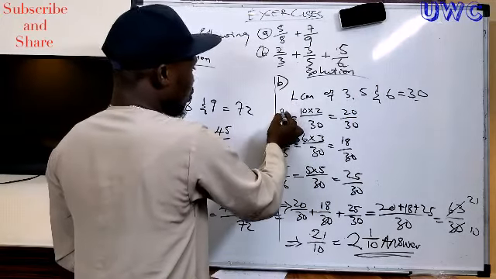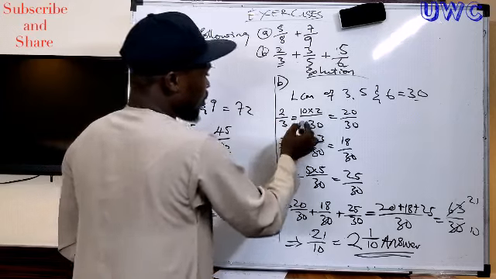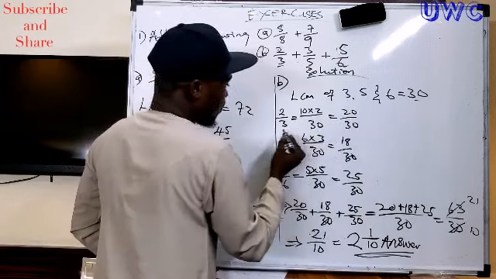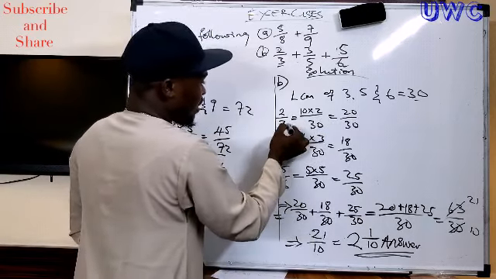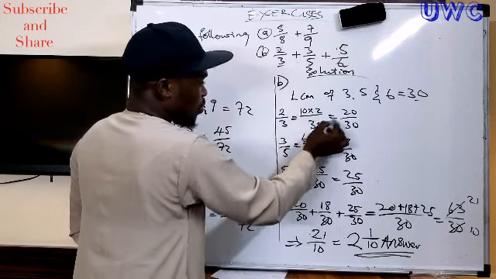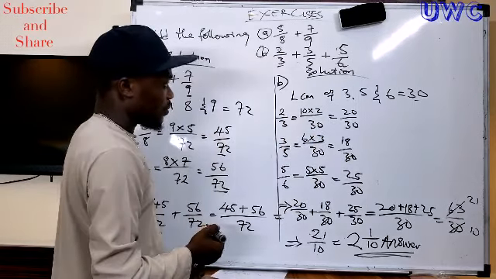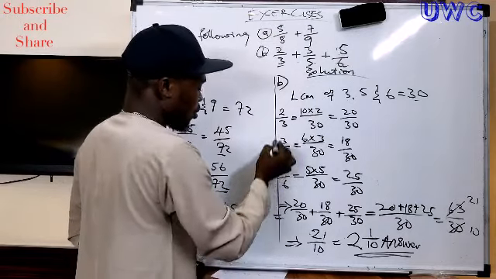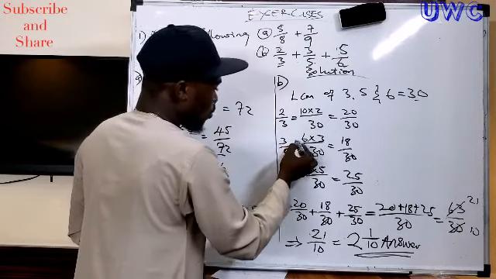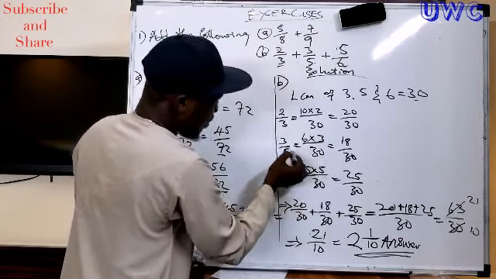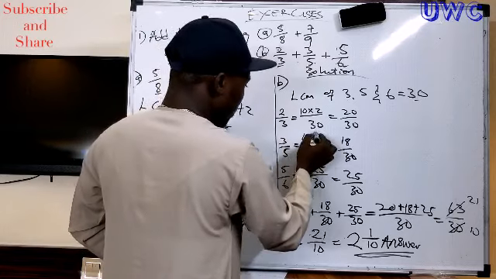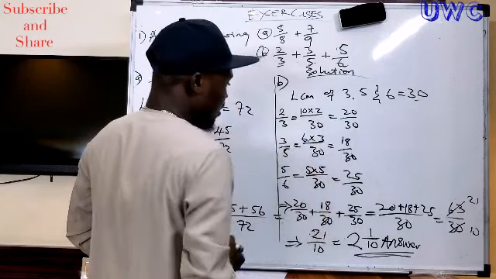So 2 over 3: 30 divided by 3 will give us 10, multiplied by 2, which is 20 over 30. We take the next fraction, 3 over 5: 30 divided by 5 will give us 6, multiplied by 3 to give us 18 over 30.